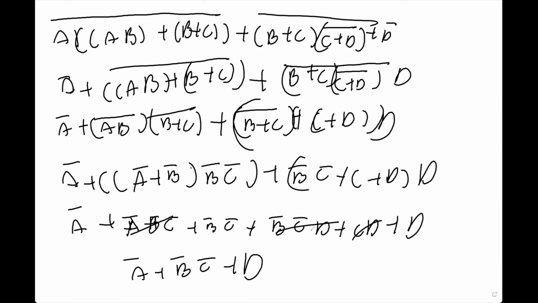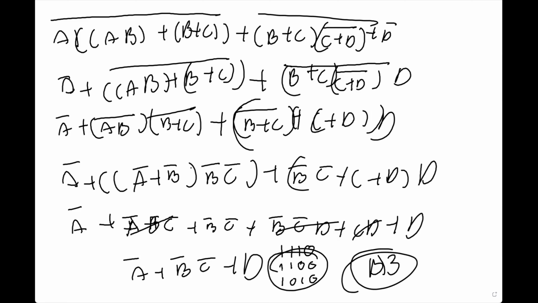Like A has to be 1, say B is 1, C is 1, and D is 0. That makes everything 0. A always has to be 1 and D always has to be 0. This doesn't matter. So here are your 3 combos. Your answer is going to be B, 3.